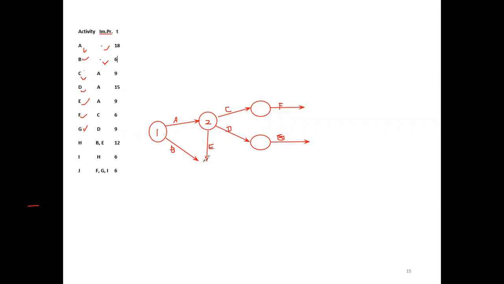Then what is the activity? H starts. According to that, I extended it now. Now B and E together finish, then H starts. From this event, H starts.